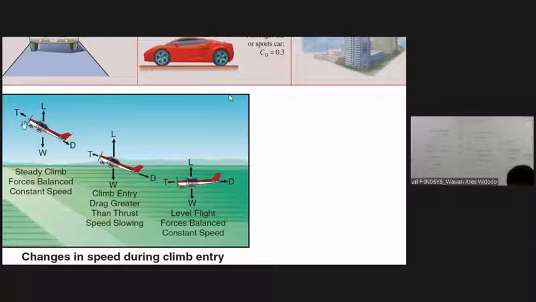This is the lift. This is the weight of the airplane: the weight of the pilot and the passengers, the weight of the fuel, and the aircraft weight.